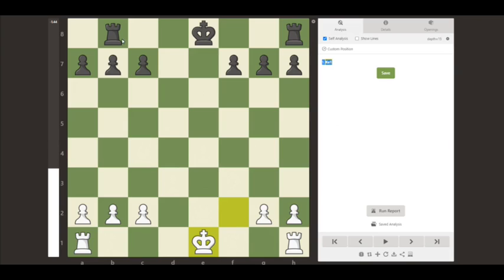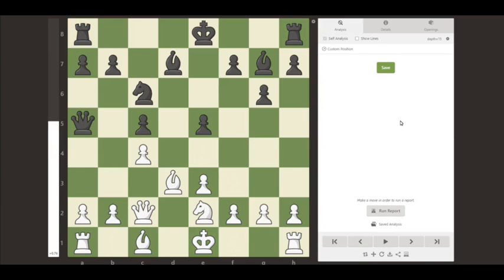Likewise, if black moves his rook from b8 to a8, black can't castle queenside because the rook has already moved. However, black can castle kingside because the black king and the black rook on h8 haven't moved. But white can't castle on either side because his king has moved.